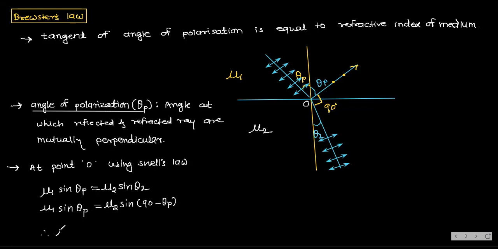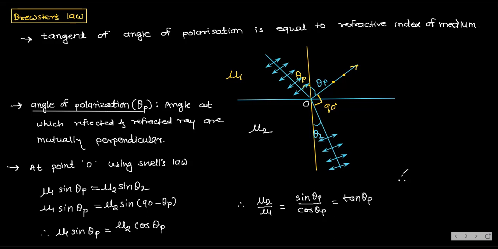So therefore, mu1 sine of theta p is equal to mu2 cos of theta p, and therefore mu2 by mu1 is equal to sine of theta p divided by cos of theta p, which is equal to tan of theta p.